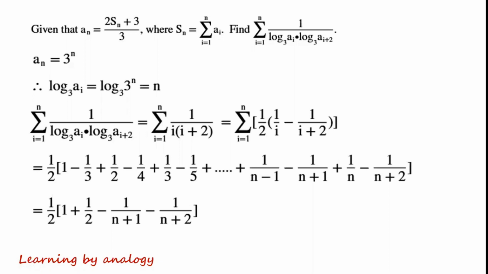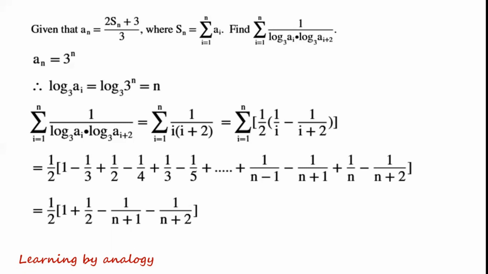1 and a half remain. Minus a third plus a third cancel, and so on. The last term in the bracket is minus 1 over n plus 2, and the third last term in the bracket, minus 1 over n plus 1, remains.